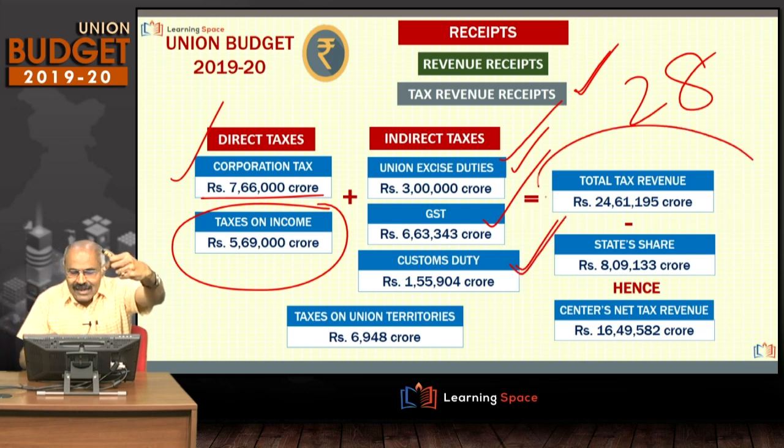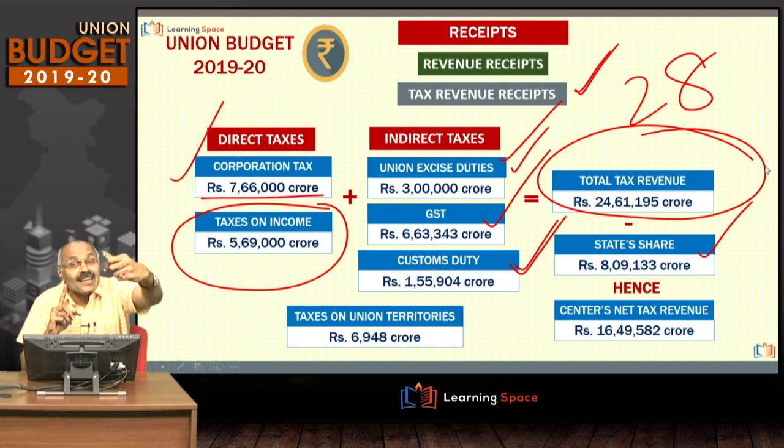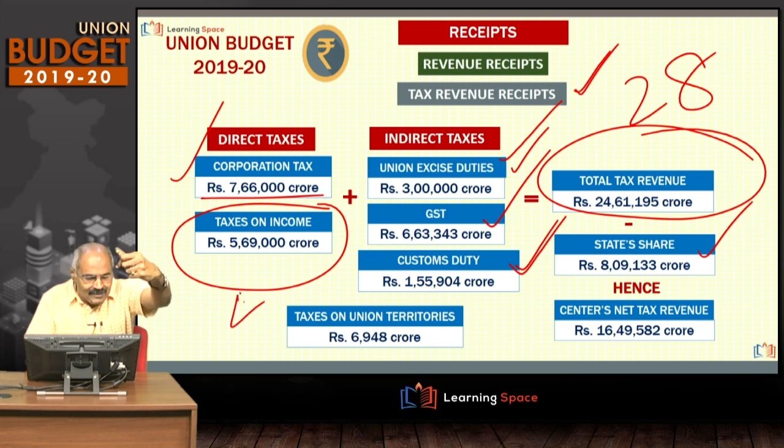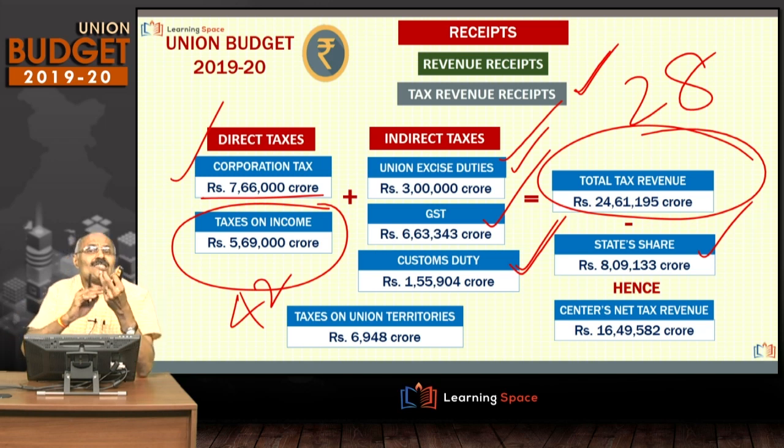So here total tax revenue is this much, and the states' share as per Finance Commission recommendation is 42% of the shareable taxes that is to be shared with the states. Friends, the collection charges, then cess, surcharge, these three are not required to be shared with the states.